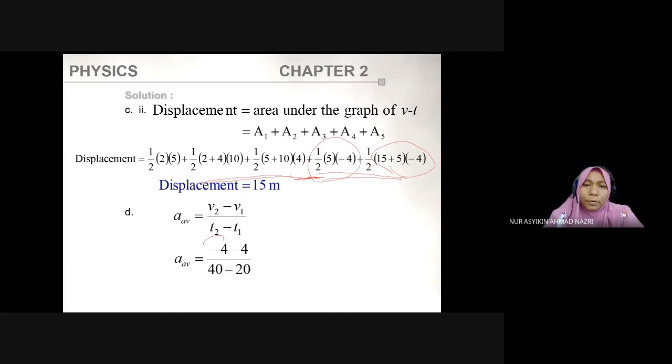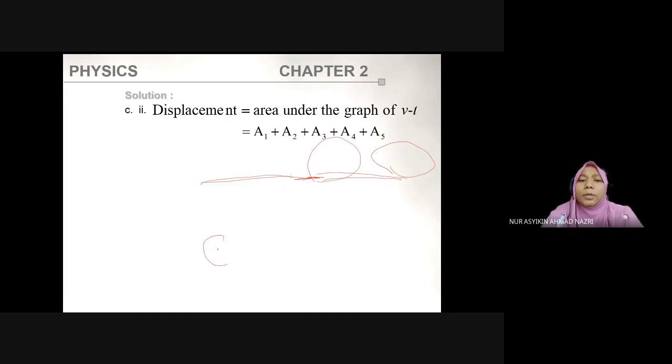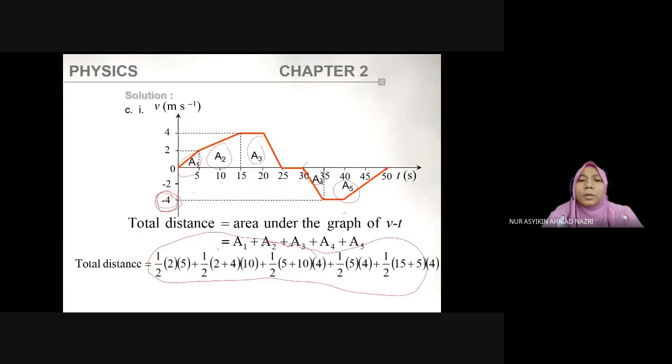Okay, so simply we use the negative 4. Negative 4? Betul ke negative 4? Negative 4 tu bukan ke velocity lah kan? Negative 4 dekat situ, yang tu kosong. Oh, yang tu from 4. Okay, dia kata 20 second, at 20 second dia 4. So initial 4, your final negative 4.